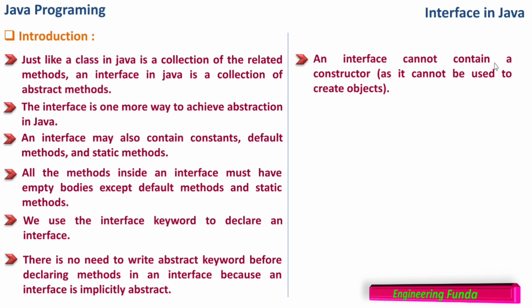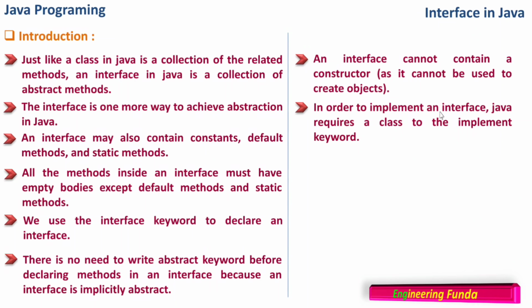An interface cannot contain a constructor, as it cannot be used to create an object, because it is a special case of an abstract class. We cannot have a constructor in the interface, for the same reason that we don't create the object of the interface.